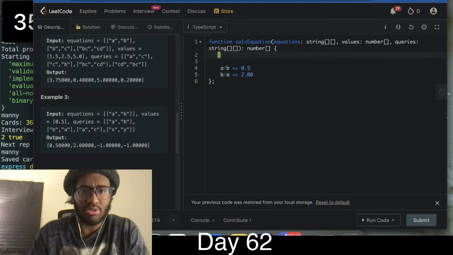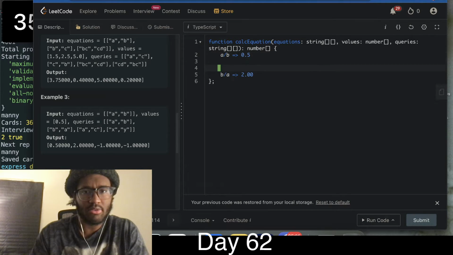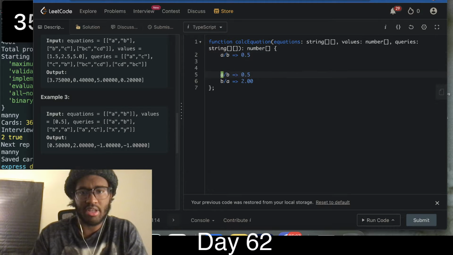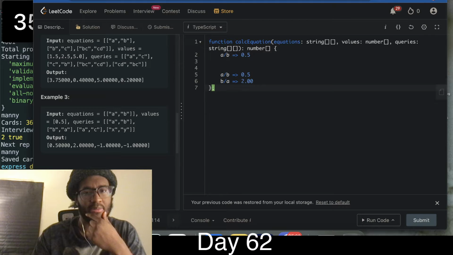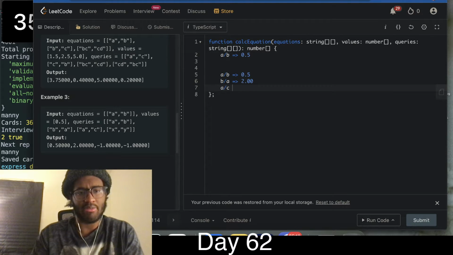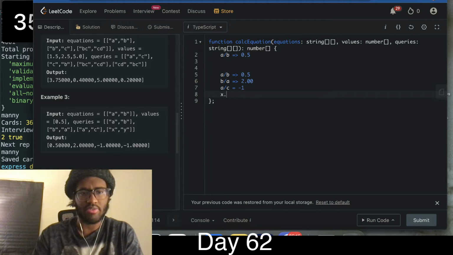If we try a simpler version, so A divided by B equals 0.5, and then B divided by A equals 2.0, and then also A divided by C equals -1, X divided by Y equals -1.